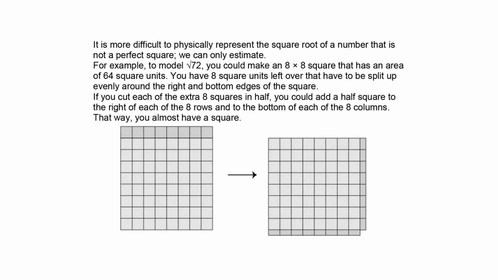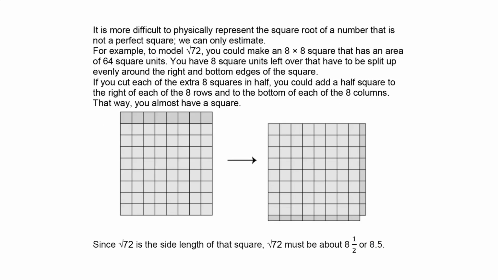That way you almost have a square. We're just missing a little tiny piece here. That shows us that since root 72 is the side length of that square, then root 72 must be about 8.5. It's going to be just a tiny little bit less than that because we've got the corner missing.